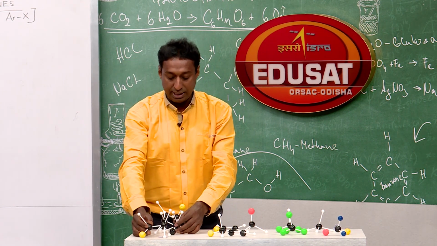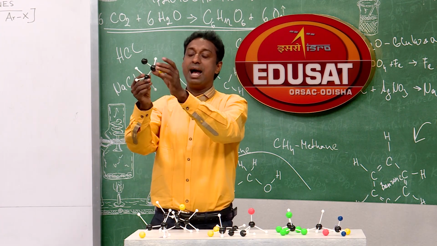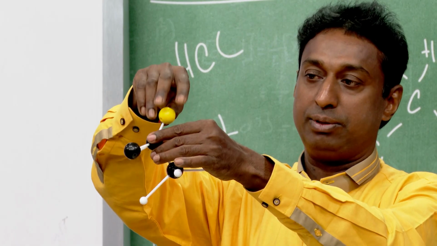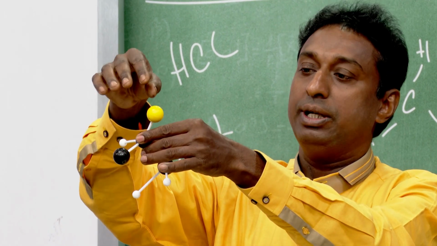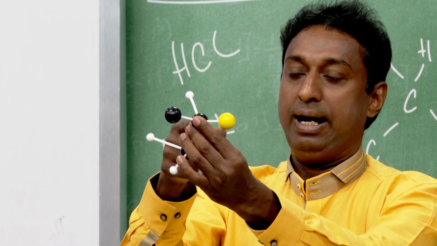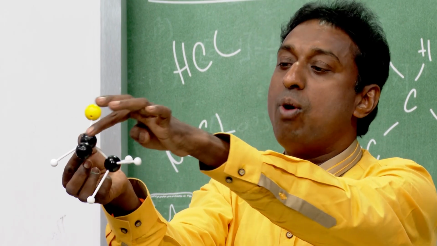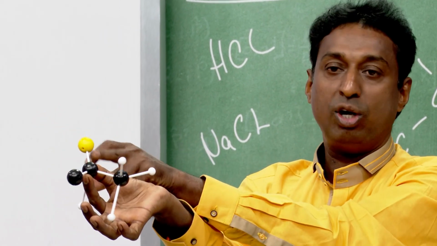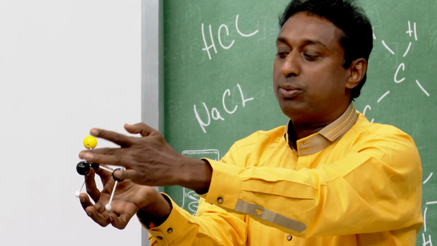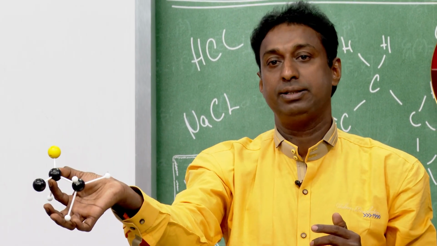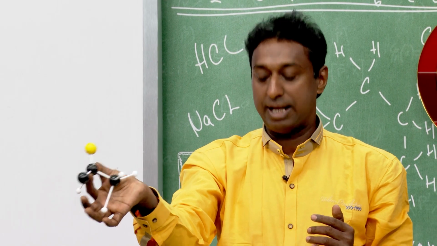The next one you see, this is secondary. Why? The yellow ball is the halogen, and to that carbon you have two more carbons. This is called secondary alkyl halide.